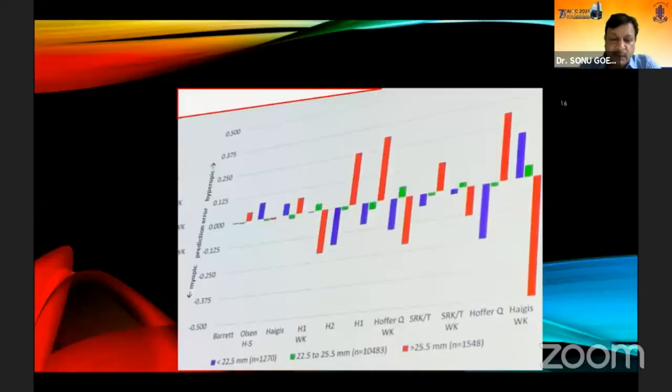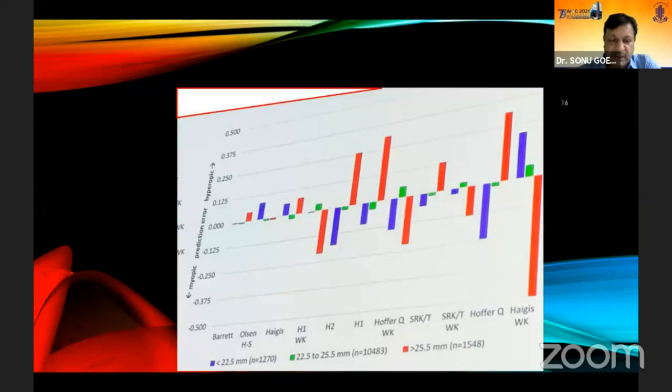This is a beautiful pictorial depiction. On the extreme left, those bars are the Barrett, the Olsen, and the Haigis. The red is the extreme, the high axial length or the high myopes. Blue is for short axial length, and green is for the range between 22 and 25. If you see closely, the bars are very minimal, which means the prediction error is very, very small for Barrett, Olsen, and Haigis.